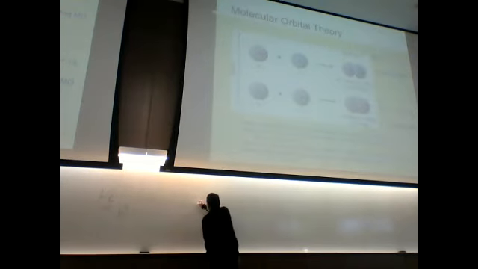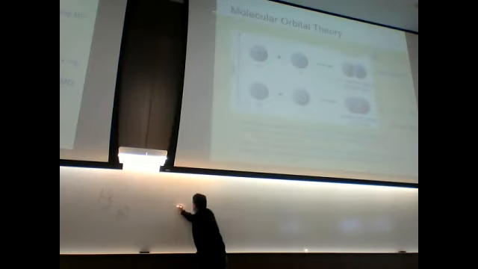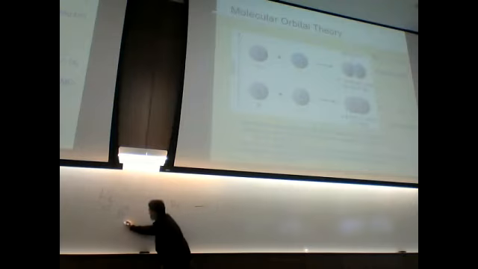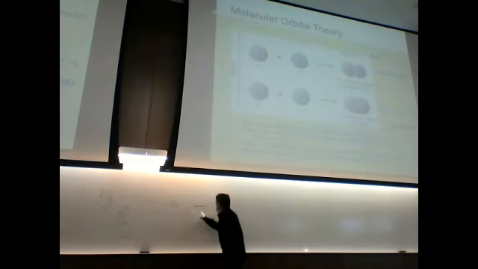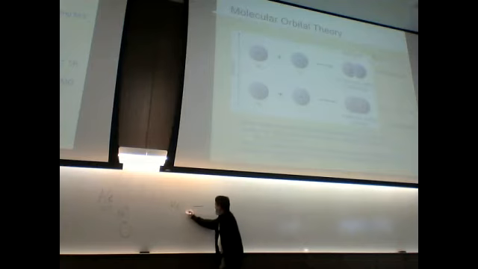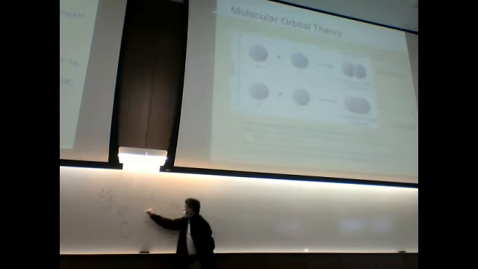So this is helium, 1s2. I am going to represent that s orbital. This orbital is a sphere, but I'm going to draw it as a line here. This is the 1s orbital, and we have 2 electrons in that orbital.